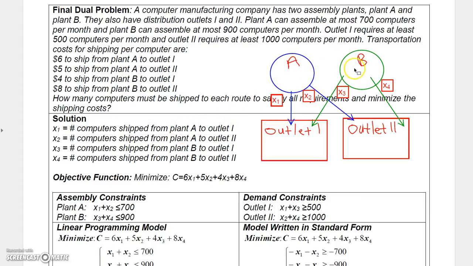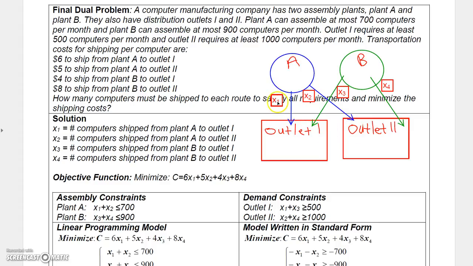Now I like to draw a little diagram on these types of problems. So this blue circle is plant A and the green circle is for plant B, and the blue arrows represent the shipping from plant A to outlet 1 and plant A to outlet 2, whereas the green arrows represent from plant B to outlet 1 and plant B to outlet 2.